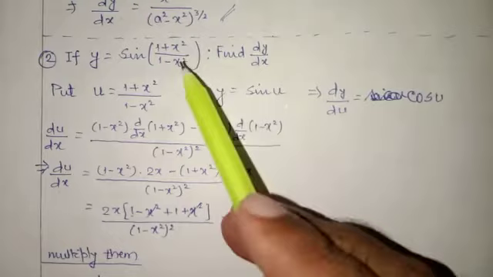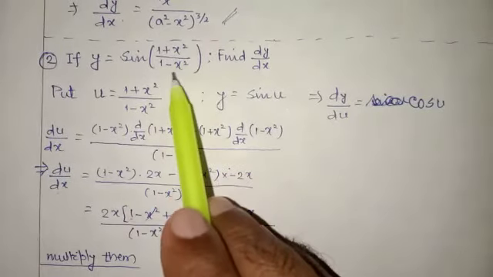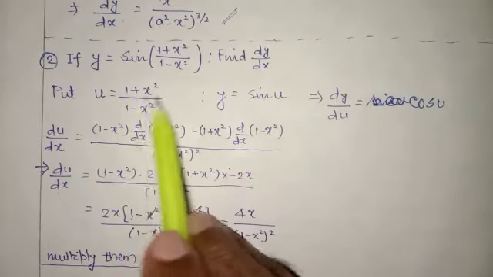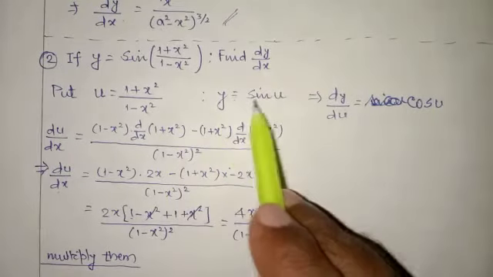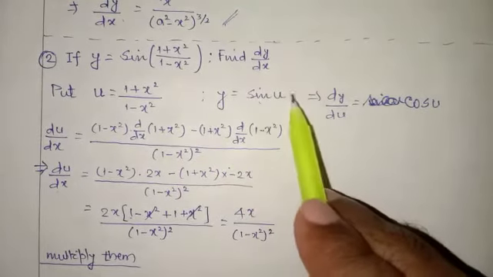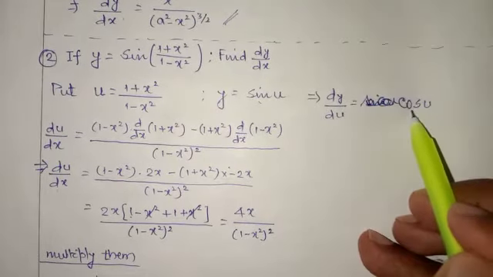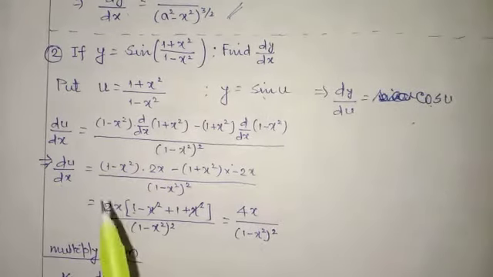So first put this angle u equal to 1 plus x square upon 1 minus x square. Then y is equal to sine u and differentiating, dy upon du is equal to cos u, that is, differentiation of sine u is cos u.